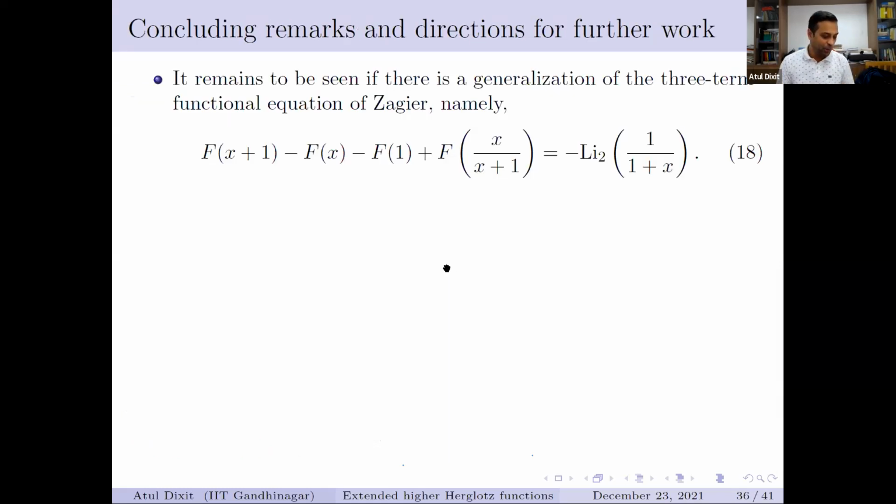Okay, let me conclude in 2 minutes. We do not have a generalization of this 3-term functional equation of Zagier. So we really worked for about 2 to 3 months on getting this. Unfortunately, we couldn't, but there are some ideas that we have as to how such a generalization would look if at all it exists.